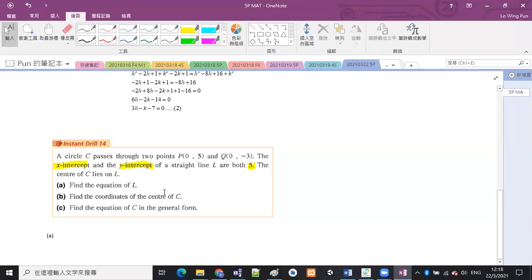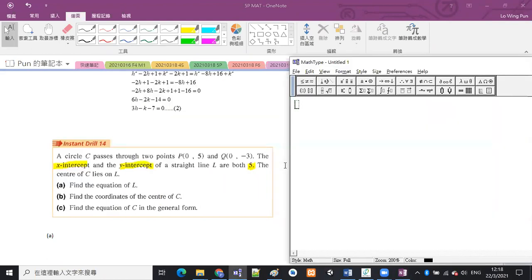If the x-intercept is 5, what is the coordinate? Which coordinate is equal to 0 for the x-intercept? Remember this. For the x-intercept the y coordinate will be 0, which means that it should be (5, 0).